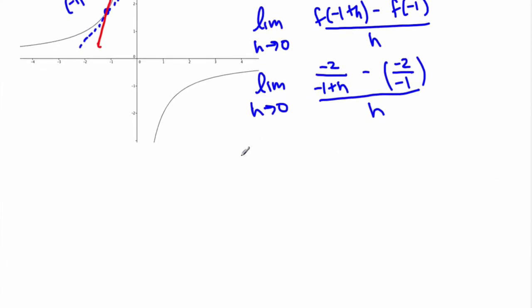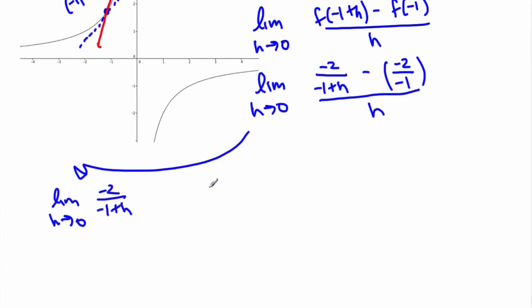Okay, so let's simplify this again. Let's go over here. You have to write this limit every time or it wouldn't make sense. As soon as you can plug in 0, you do not have to write it anymore. It's a little bit more incentive. -2 over -1 plus h. And then this is 2, so we have a -2 all over h. Okay, let's simplify it again.